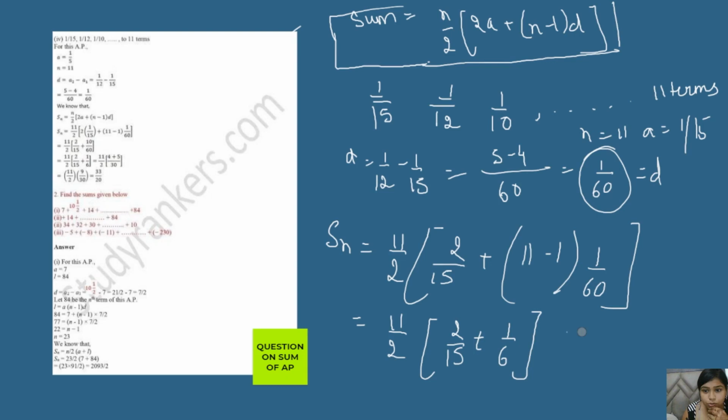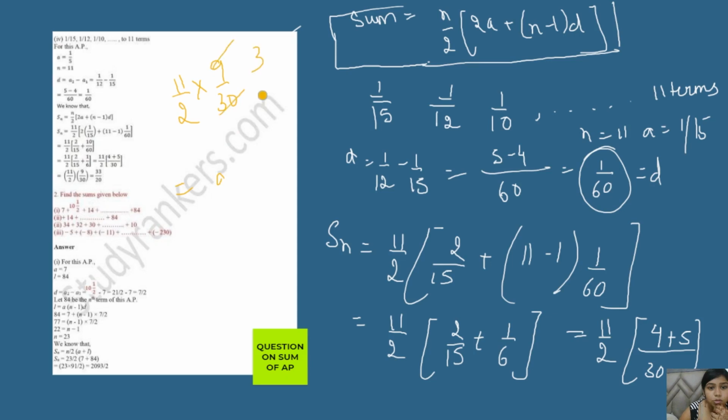Now to solve them, taking the LCM, we are getting 4 plus 5, that is 9 by 30. So 11 by 2 into 9 by 30. We can cancel, so this is 3 and this is 10. So this will be 33 divided by 20. This is the whole sum we are getting.